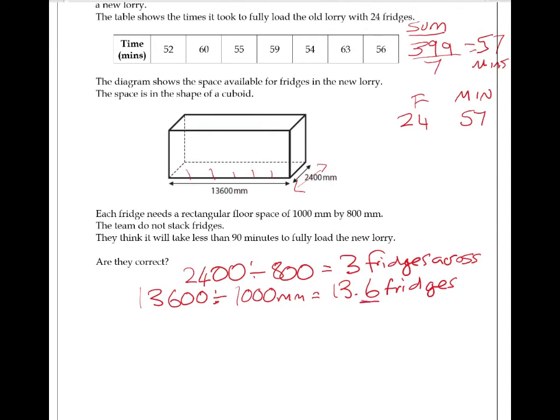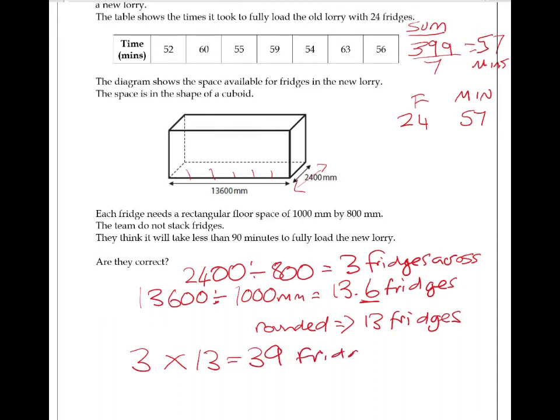Now, you can't get 0.6 of a fridge, so rounded, this gives us 13 fridges in that dimension. So the total number of fridges is 3 across and then 13 along the back of the lorry. So 13 times 3 on your calculator is 39 fridges is the capacity of the new lorry.